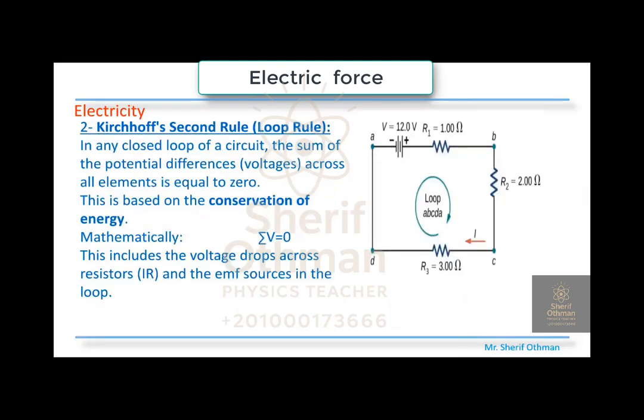Moving to Kirchhoff's second law, he said that the summation of voltage across any parts of the circuit in a closed loop is equal to 0, which means the summation of I times R is equal to 0.